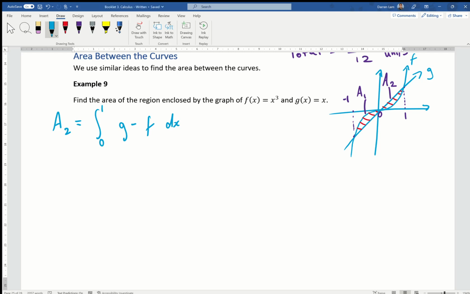Which equals, of course, you can use your definite integral, x to the 4 over 4 from 0 to 1, which would give you an answer of half minus a quarter, which equals a quarter.